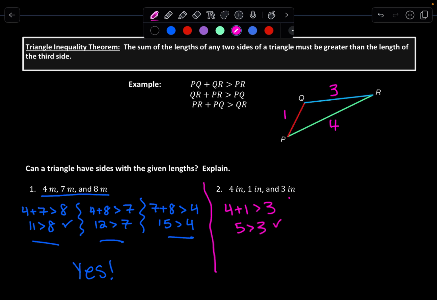But if I check my other sides, if I add 1 plus 3 together, 4 is not bigger than 4. That's not a true statement. They're the same number, it can't be bigger than itself. So no. Since that isn't true, 4, 1, and 3 cannot be a triangle.